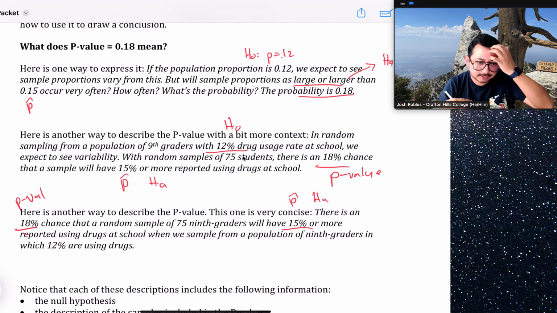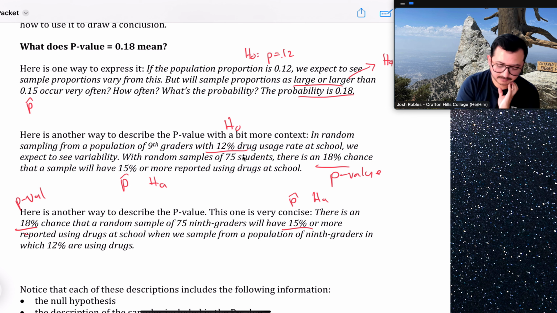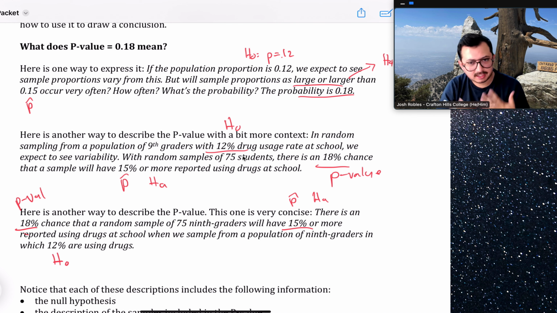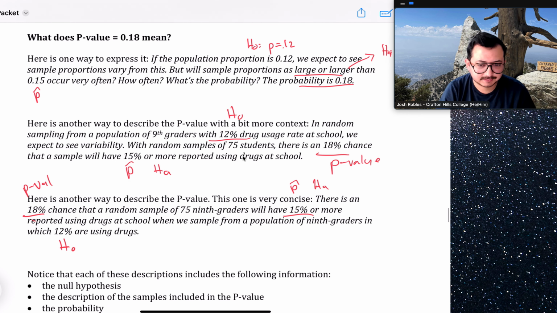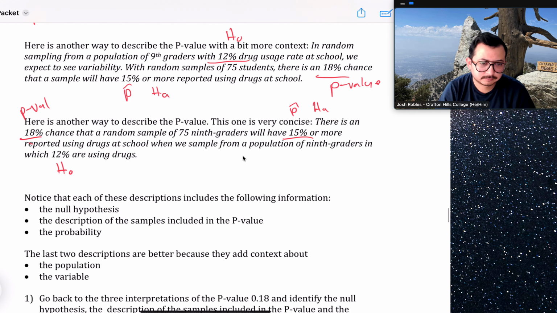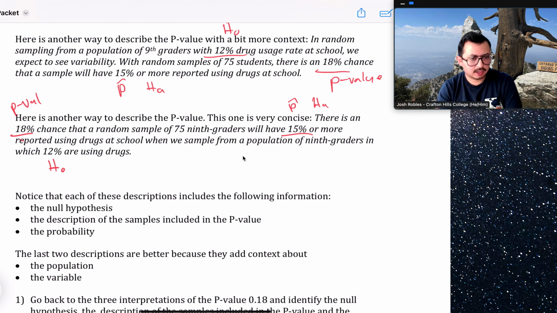Reported drug usage will have 15% or more reported using drugs when we sample from a population in which 12% are using drugs. So we still have to have a built-in null hypothesis. Every time, it at least had the null hypothesis, the sample, the relevant alternative hypothesis, and the probability itself, the p-value.